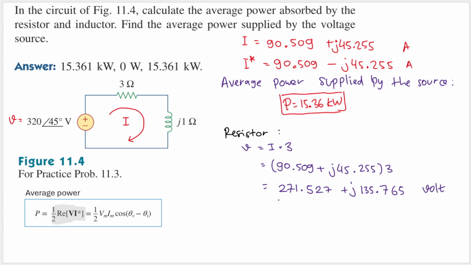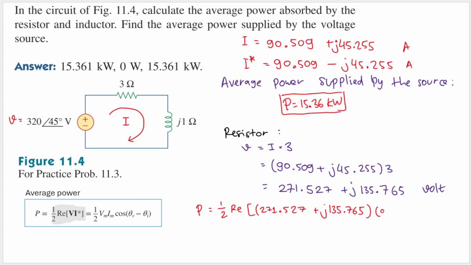Good. Now we can calculate the average power, which is P is equal to 1/2, and then the real part of V. We have 271.527 plus J135.765. This is the voltage, and the I conjugate is this one, right?